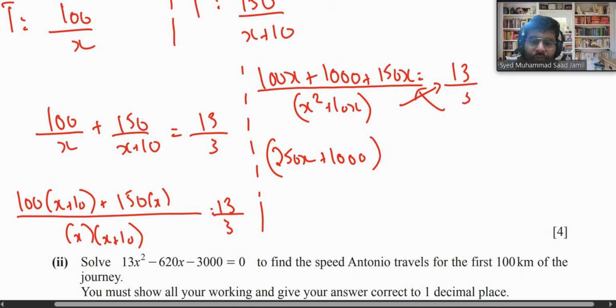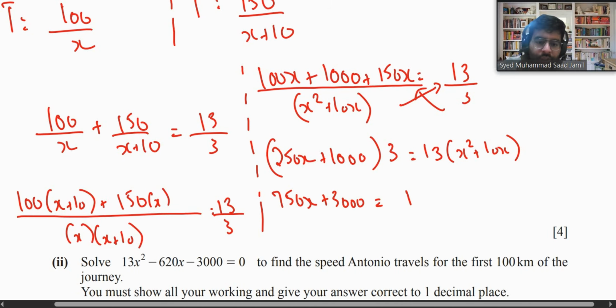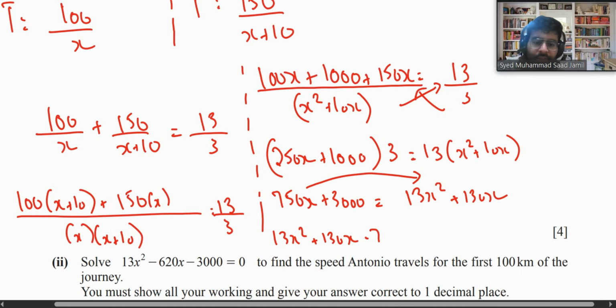You will multiply this whole thing with 3 is equals to 13 multiplied by x square plus 10x. So this becomes 750x plus 3000 is equals to 13x square plus 130x. Okay, so 13x square plus 130x, 750 will be shifted over there, minus 750x minus 3000 is equals to 0.